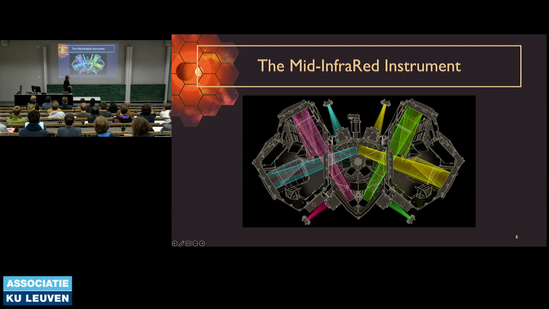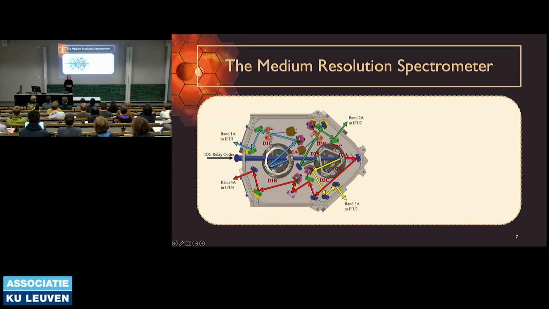If we take a little look at what it looks like from the inside, the light comes in from the telescope, and there are 2 dichroic wheels over here. Each of these dichroic wheels has 3 different settings, and all of this light is split onto 4 different channels, which means that each channel has 3 different sub-bands, and you need to expose 3 times to cover the full range of the MRS spectrum.